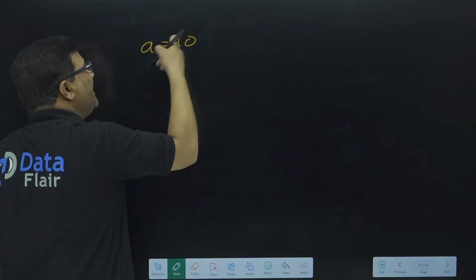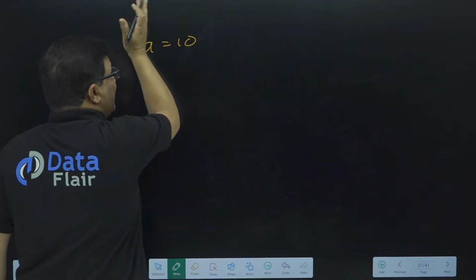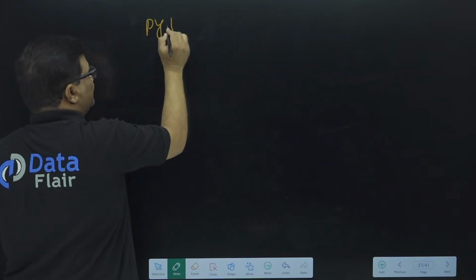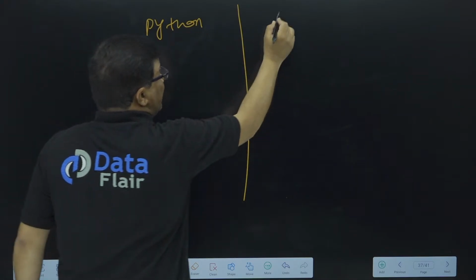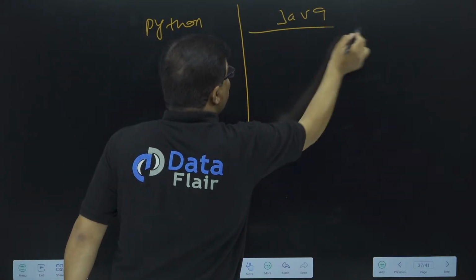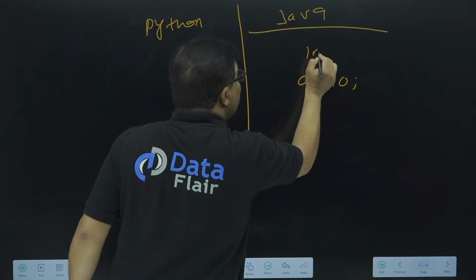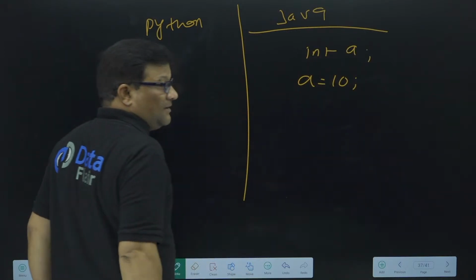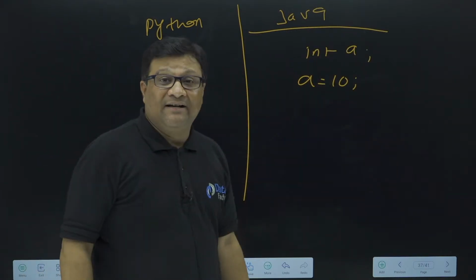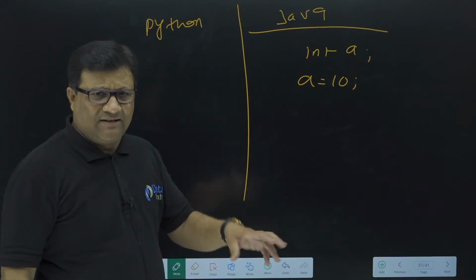So in Python, to store data in an object, simply I need to write a equals to 10. That is Python code. While in Java, if you want to store this 10 in a, first you have to declare this variable. Java is a strictly type checked language, I'll cover this topic also.